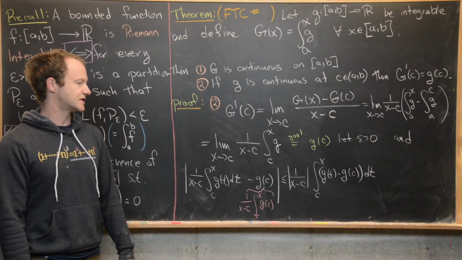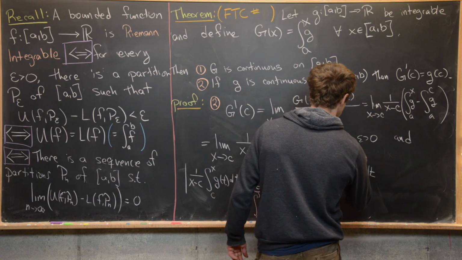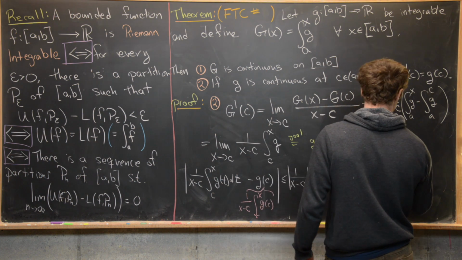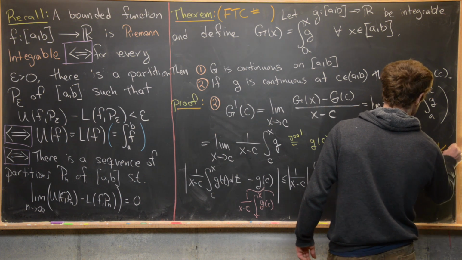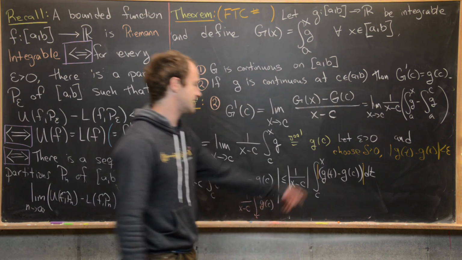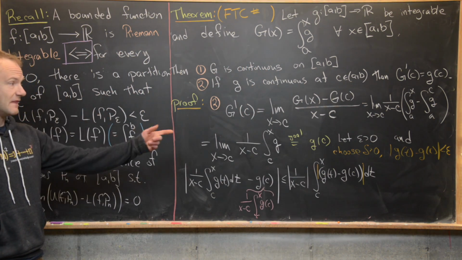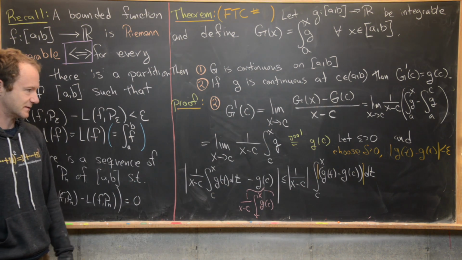Next we can get to our choice of delta. At this point, we choose a delta bigger than 0 so that the absolute value of g of t minus g of c is less than epsilon. We're motivated by that because that's what we see inside of the integral, and it's possible because little g is continuous, which we're assuming at the beginning.